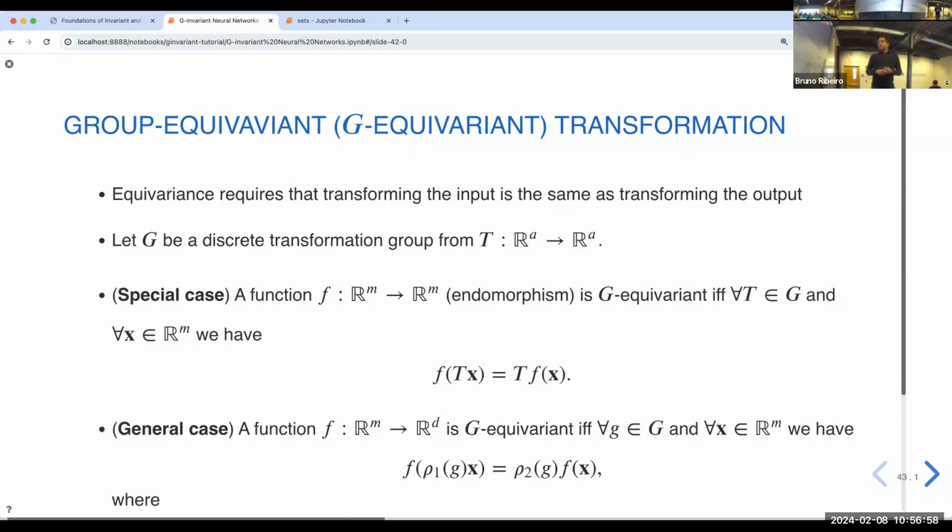Suppose that there is this function f, and I'm saying that it's G-equivariant if and only if, for all transformations in the group, the function applies from this space to the same space. This would be equivariant: applying t to x is the same as applying t to the result of f of x. But this is not the general case, because the general case is actually more interesting.